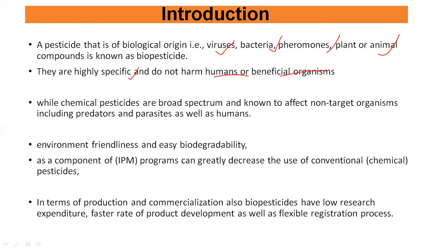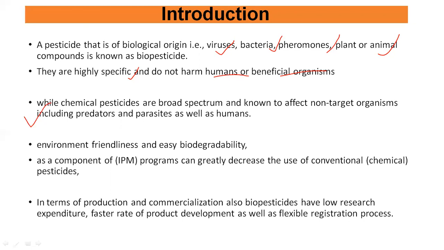high chances of residue, and it very much affects non-target organisms, including birds, predators, parasites, honeybees, as well as humans, because the pesticide residue will harm in future, causing many hazards by using chemical pesticide. So this is the point related to chemical pesticide.